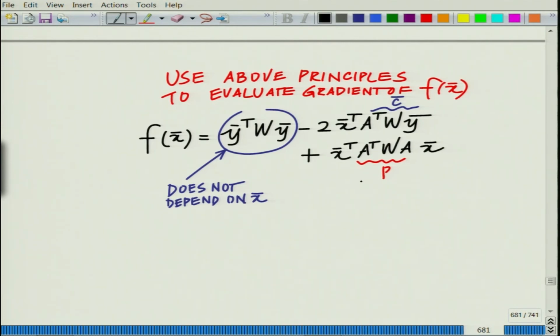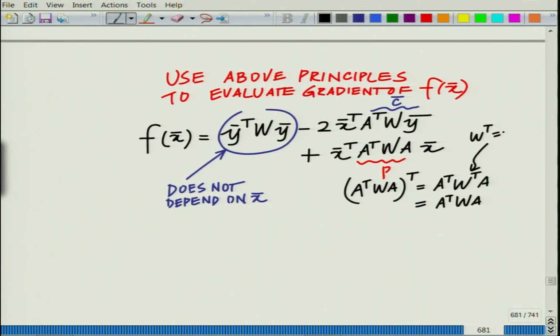And this is a symmetric matrix because A transpose W A, whose transpose is nothing but A transpose W transpose A, but W transpose is equal to W, which is equal to A transpose W A. So, W transpose equals W, because this is a symmetric positive semi definite matrix, right.